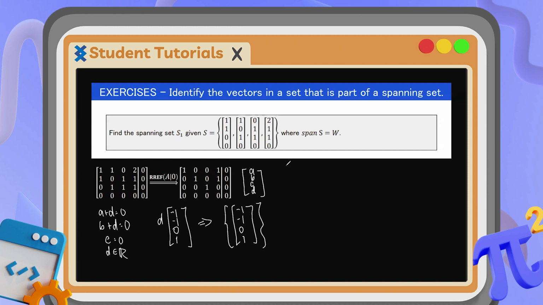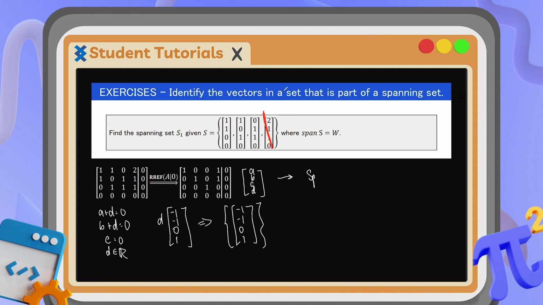In addition to that, you can see that these two vectors, when you add them together, give you the fourth vector. So with that, we can eliminate vector number 4, and this would then give you the spanning set.